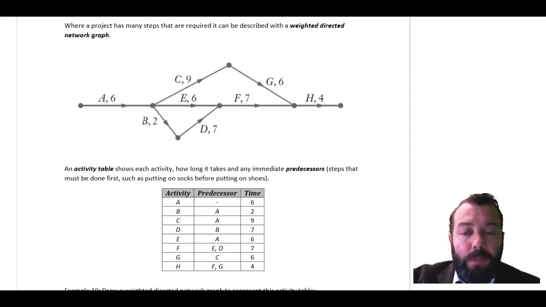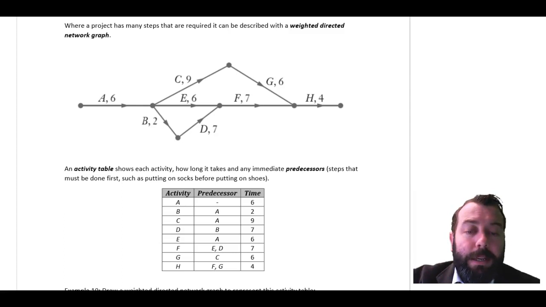So, looking at my activity table first, you can see the list of the activities there, A through H. At least one of them has no predecessors. To complete activity A, I don't have to have done anything else first. But I can't do B or C or E without having done A beforehand.